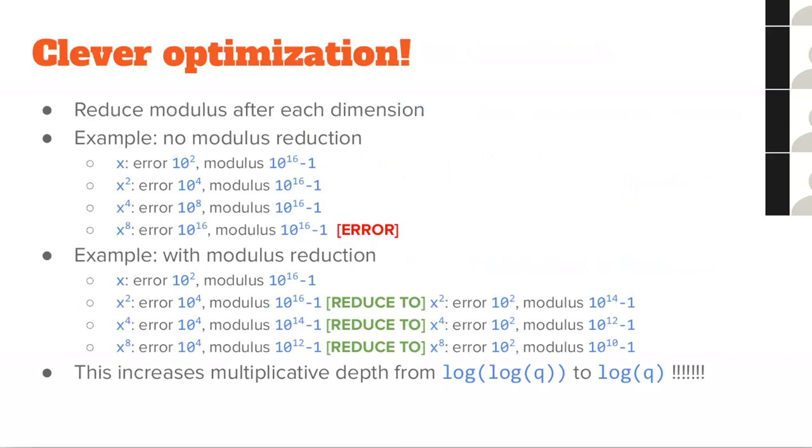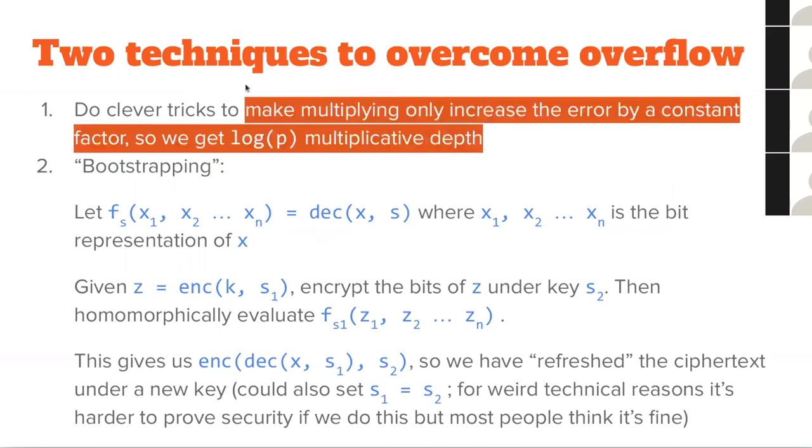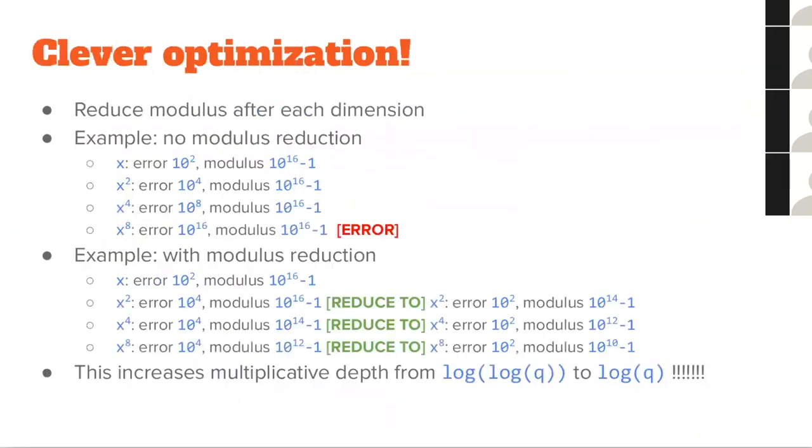So here's optimization number 2, right? I mentioned back when we were over here that there are two tricks to overcome overflow, where one is bootstrapping and the other is clever tricks to make your multiplication only increase your error by a constant factor. So this is the clever tricks that I'm going to talk about, right?